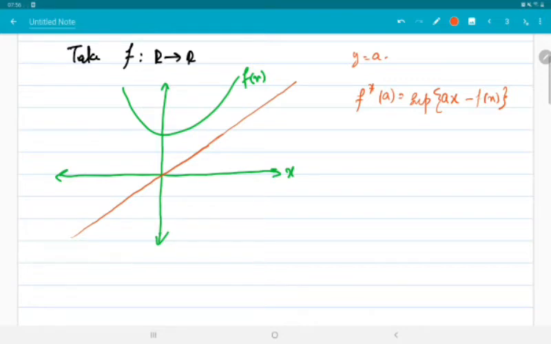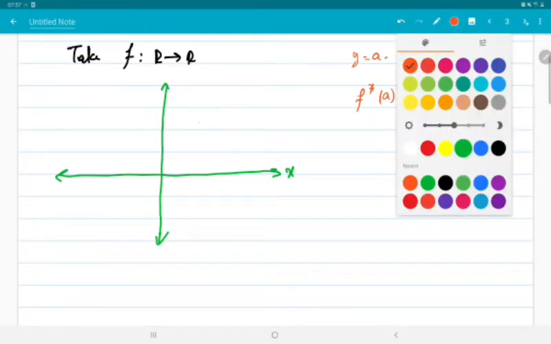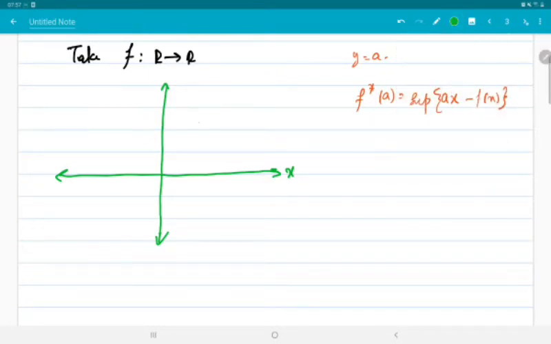And ax minus f(x) is the difference between the point f(x) and this line, right? I think I should take f(x) to be something else so that it is easier to visualize.